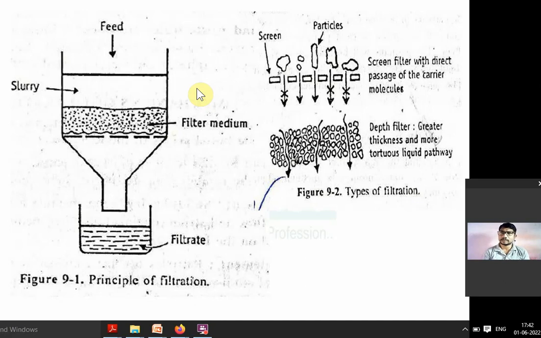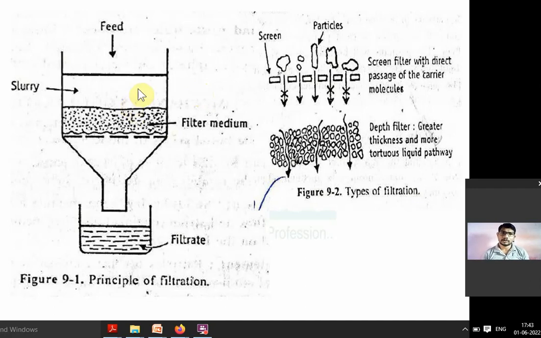Now here you need three to four kinds of material. Slurry, for example, solid in a liquid slurry. Then you need a filter medium, and you need different kinds of apparatus and factors. Suppose that you have slurry over here, liquid plus solid.